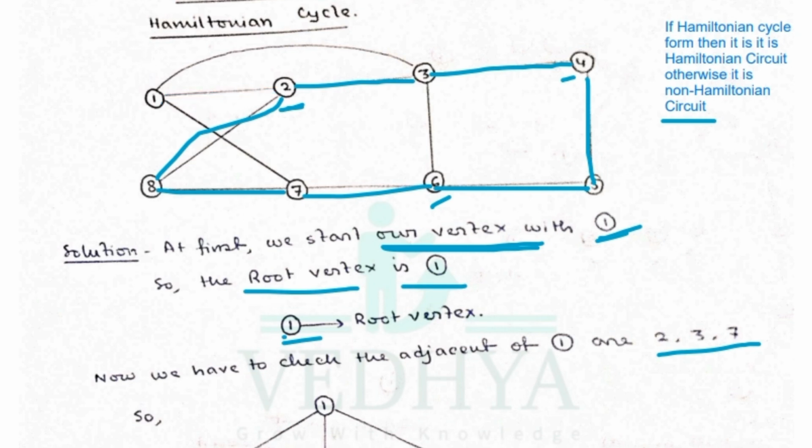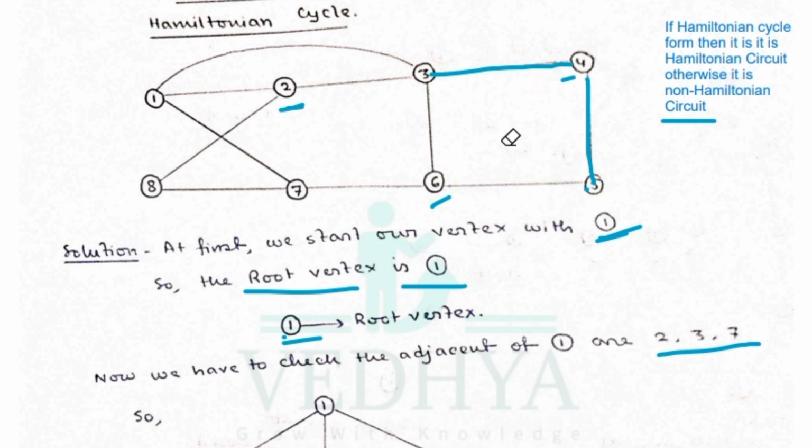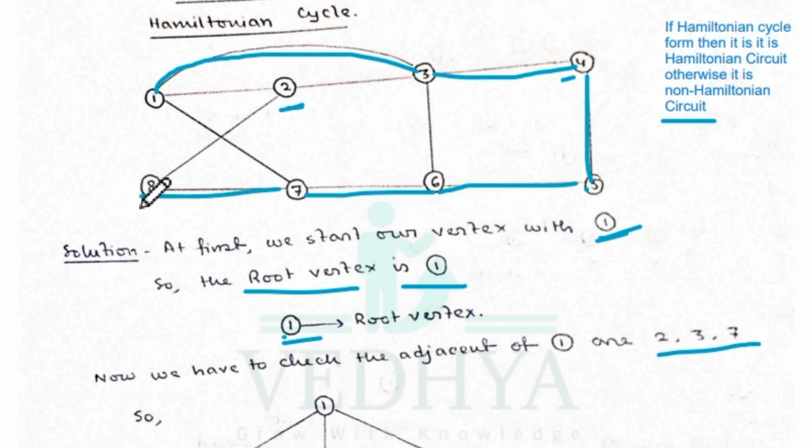Then again we look in the graph: if we cover the path 1 to 3, then 3 to 4, 4 to 5, 5 to 6, 6 to 7, 7 to 8, then 8 to 2, then 2 to 1, then this is a Hamiltonian cycle, because the starting point and ending point is 1 and we traverse all the vertices. So this is a Hamiltonian cycle.